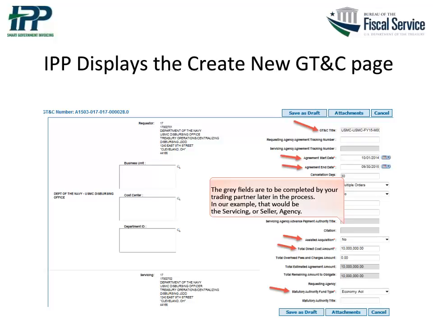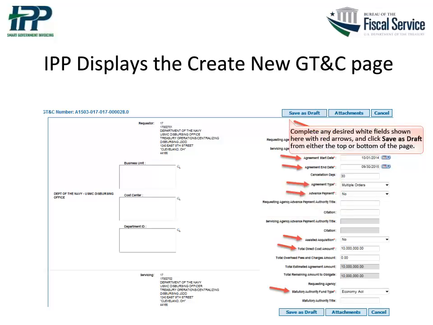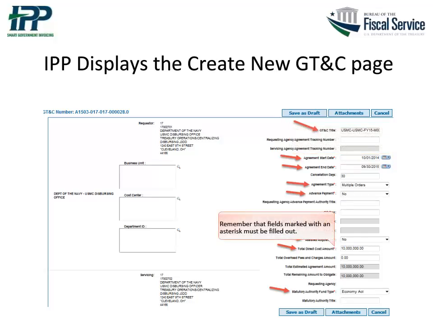In our example, that would be the servicing or seller agency. Complete any desired white fields shown here with red arrows and click Save as Draft from either the top or bottom of the page. Remember that fields marked with an asterisk must be filled out.